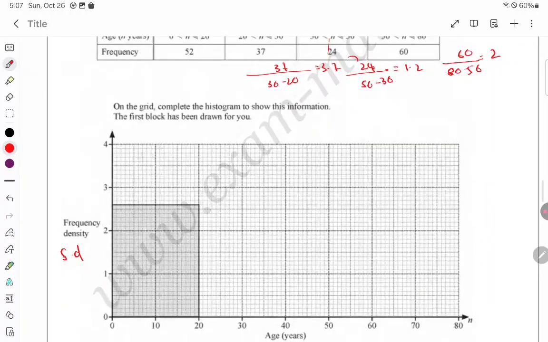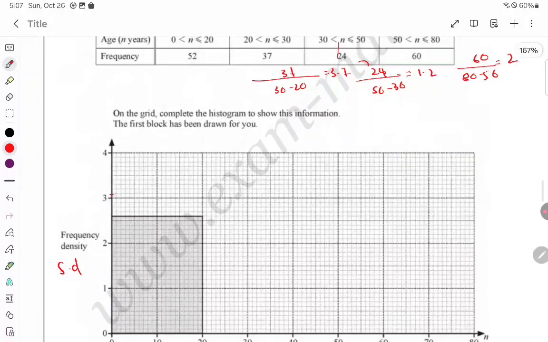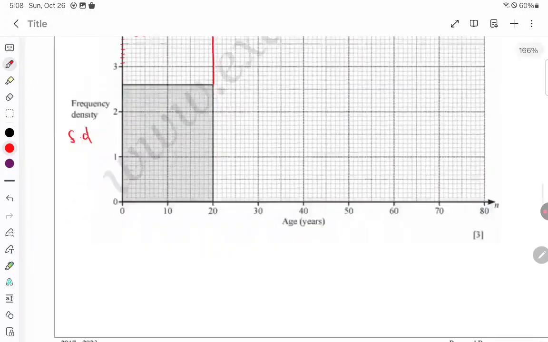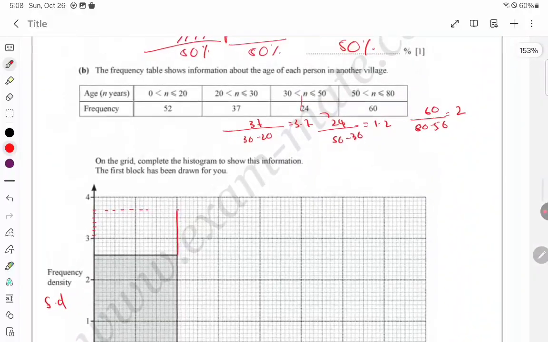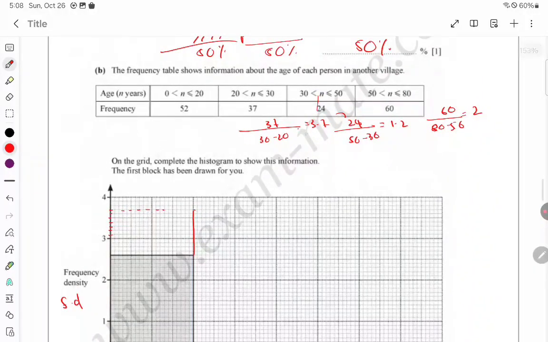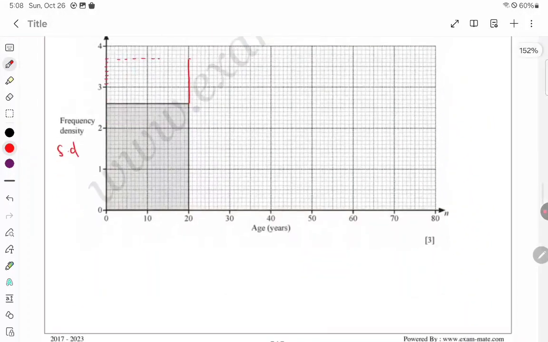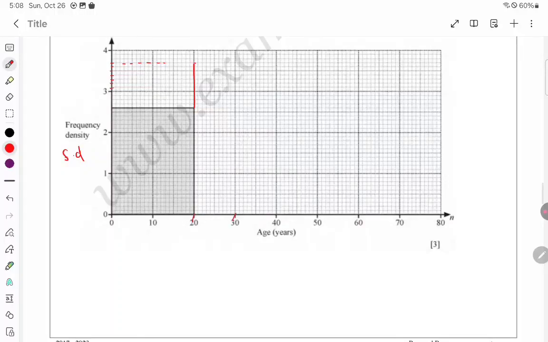Now for the 3.7 frequency density, this is 3.1, 3.2, 3.3, 3.4, 3.5, 3.6, 3.7. For 30 to 20, from here to here.